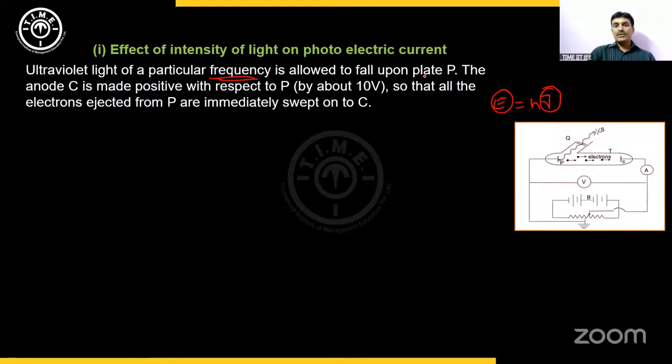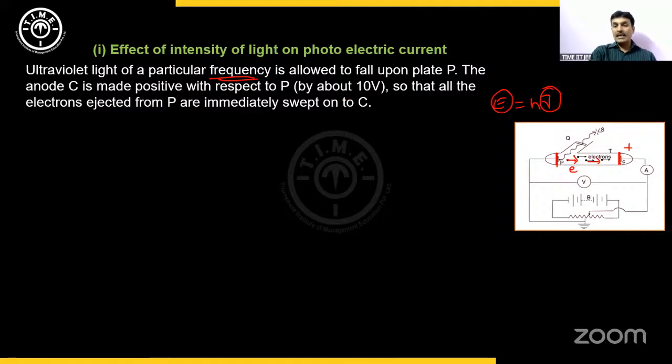When these photons fall upon the metal plate, the metal plate can release the electrons. Now, the anode is made positive with respect to P. The anode is maintained at a little higher potential so that it can collect the ejected electrons. Electron is a negatively charged particle, right? If you make this terminal positive, these negative charges will move towards the positive terminal, the anode. That's how collection of electrons takes place at the anode C, constituting current.